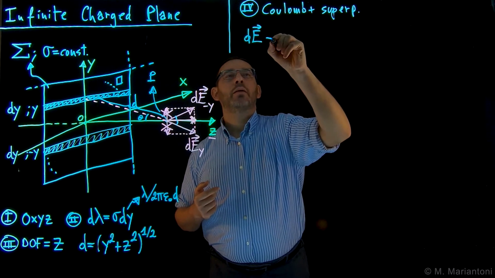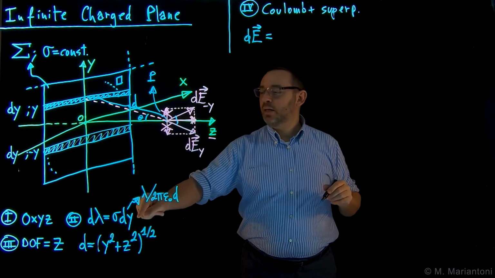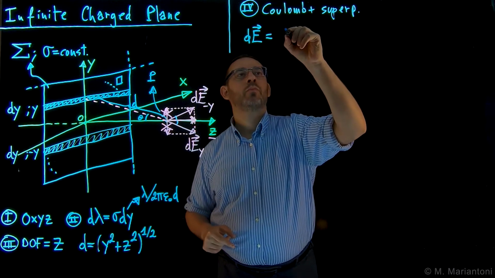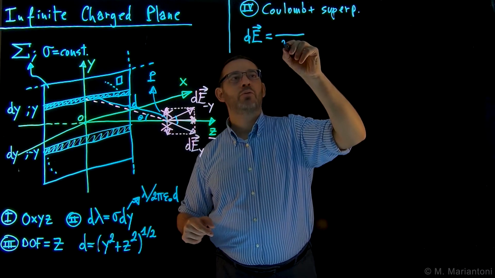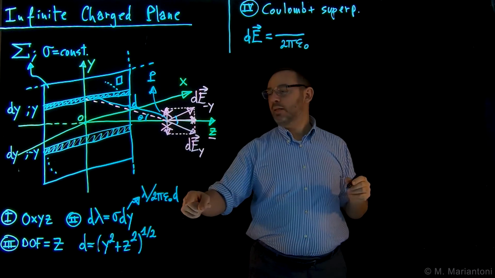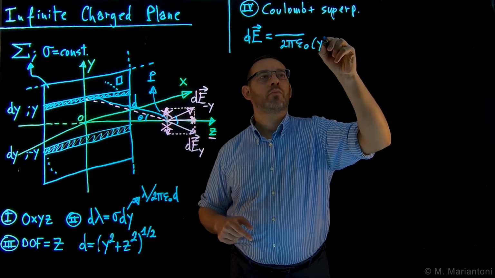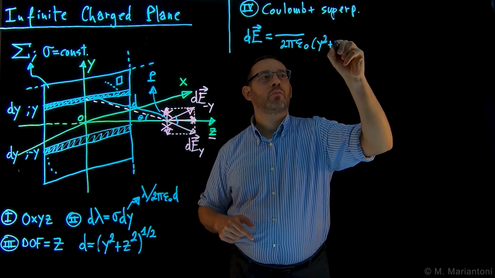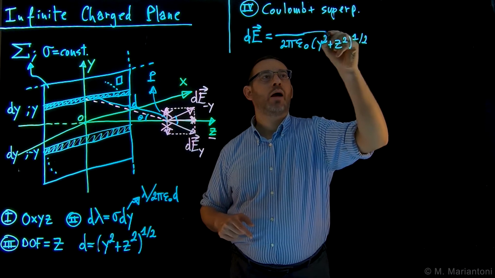dE is going to be given by lambda, which in this case is d lambda, so sigma dy in the numerator. In the denominator, we have 2 pi epsilon naught times d, which is this quantity here, under square root.